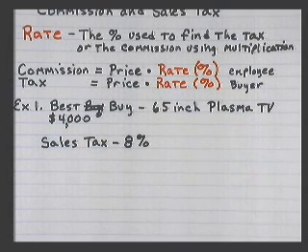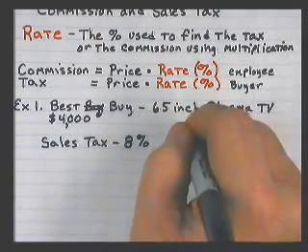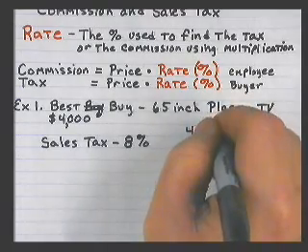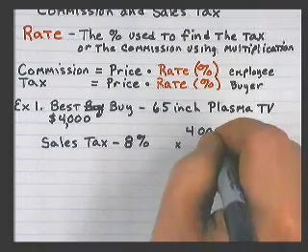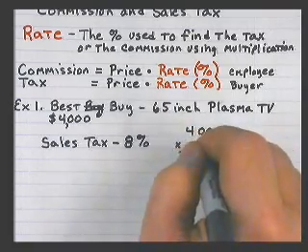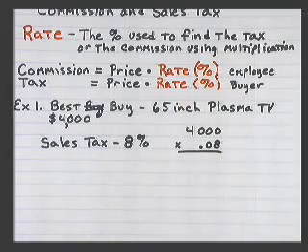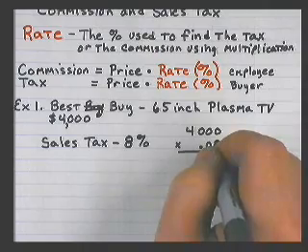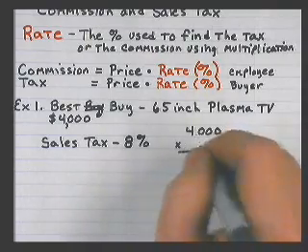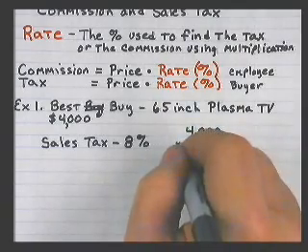To find out what you're going to pay at the cash register, 4,000 times 0.08. When you multiply that, you're going to get 0, 0, 0, 32.